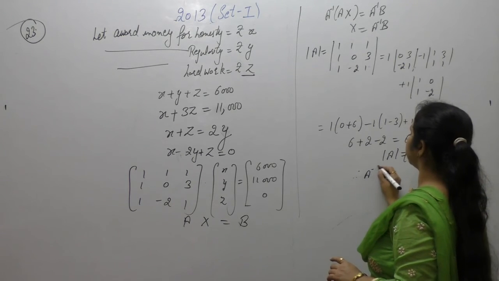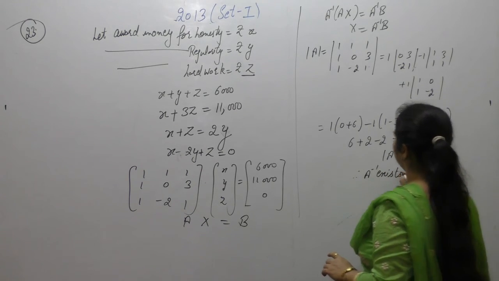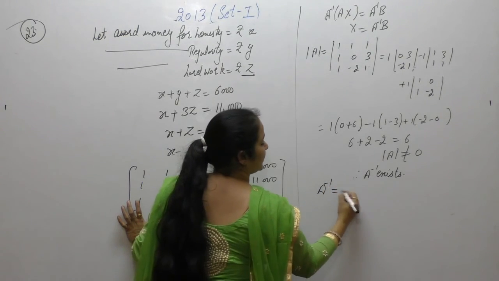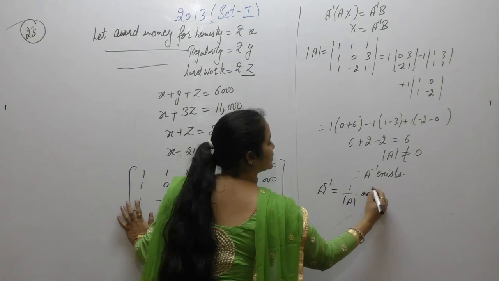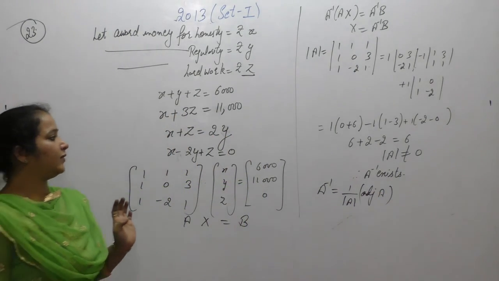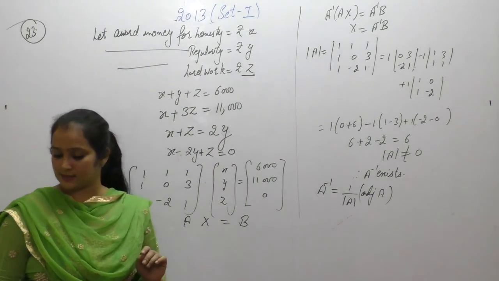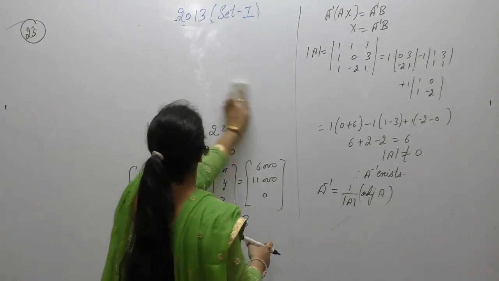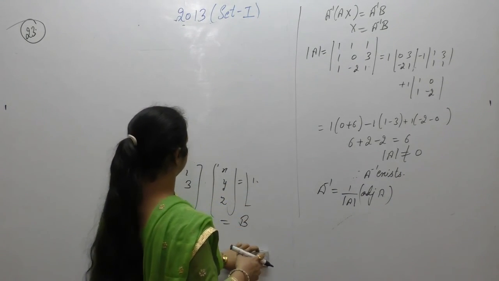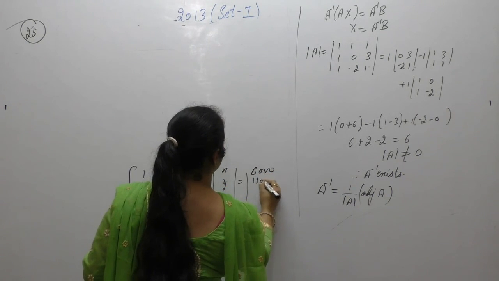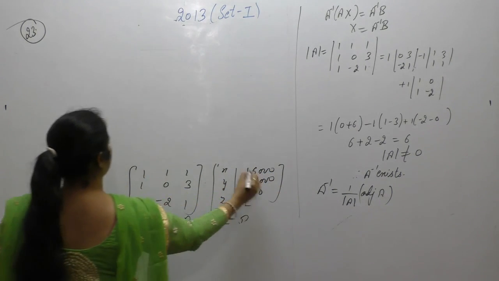Therefore, A inverse exists. A inverse is equal to 1 upon determinant of A into adjoint of A. Now we want to find the adjoint of A. Then we have to find the cofactors and the minors. We will have to use this equation to find cofactors.